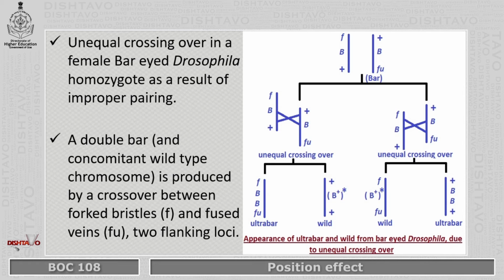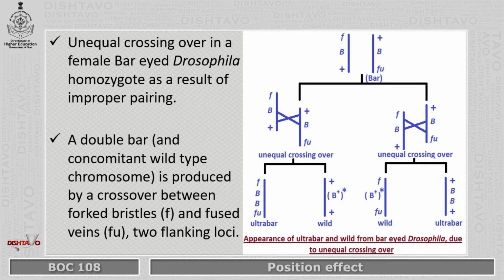Alfred Sturtevant found that in every double bar fly, crossover had occurred between loci on either side of the bar locus, as is shown in this representation.